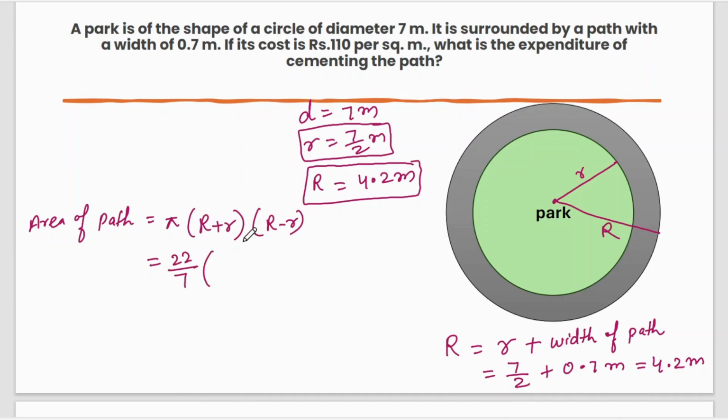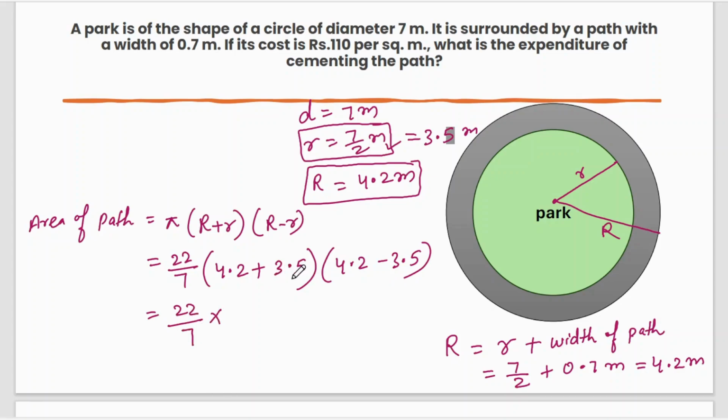Now capital R is 4.2, and 4.2 plus 3.5, so I'm taking 7 by 2 as 3.5 meter, and then 4.2 minus 3.5. So you get 22 by 7 into how much? This is 7.7 into 0.7.